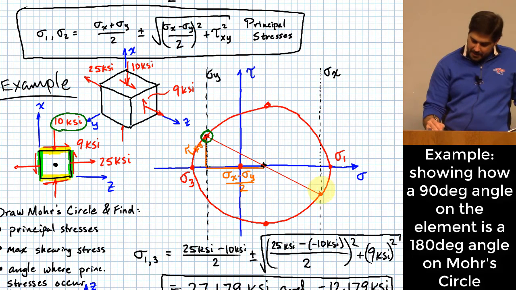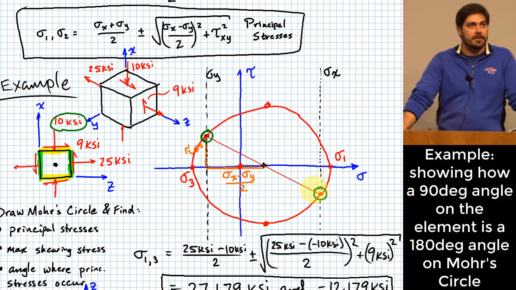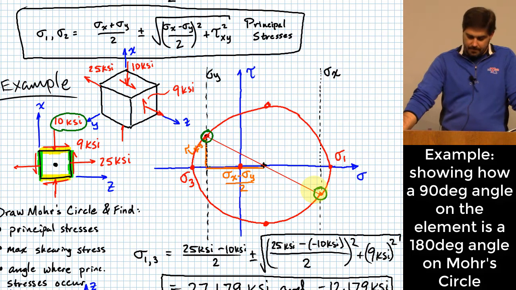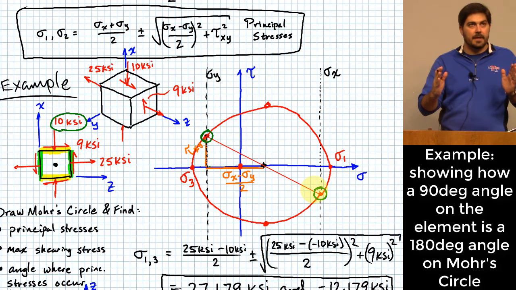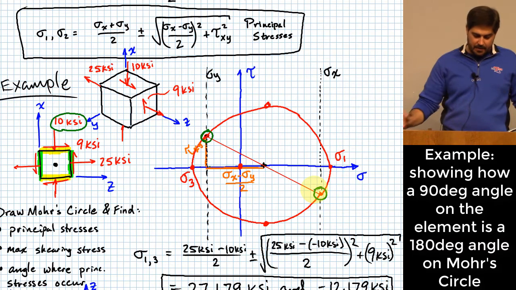When I did this one over here, what face was I dealing with? The sides. So let me ask you, physically, how much angle is there between the top face and the side face? 90 degrees. And how much spacing do I have angularly on my Mohr circle between those two locations?